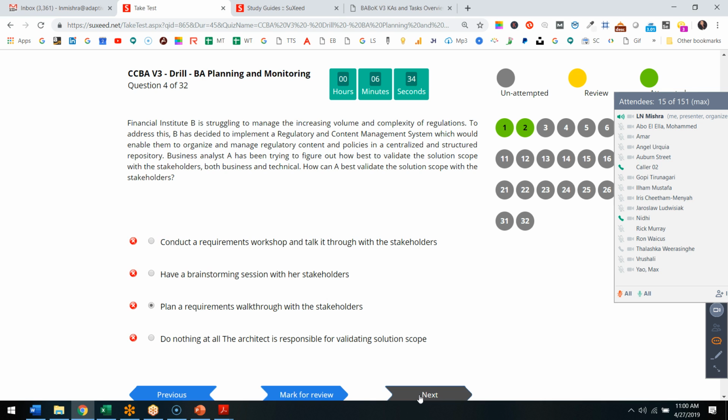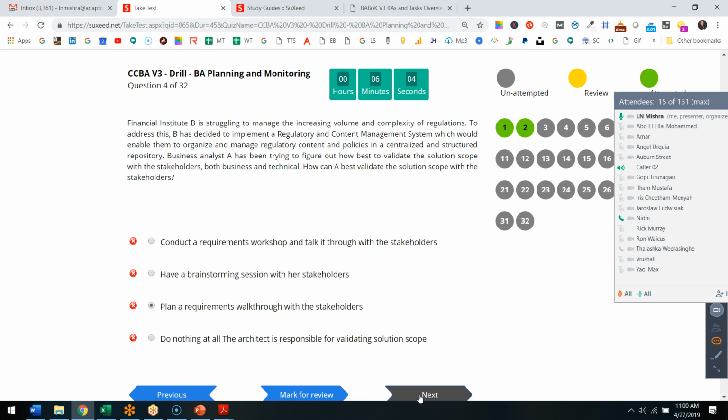The key word to observe is what is the task that they're planning to perform. They're planning to validate the solution scope, and validation does not require ideation. Ideation means you create ideas. Even validation would not happen for a requirements elicitation. Once you complete your elicitation, you get into validation. And this is what we are trying to do in this particular scenario.